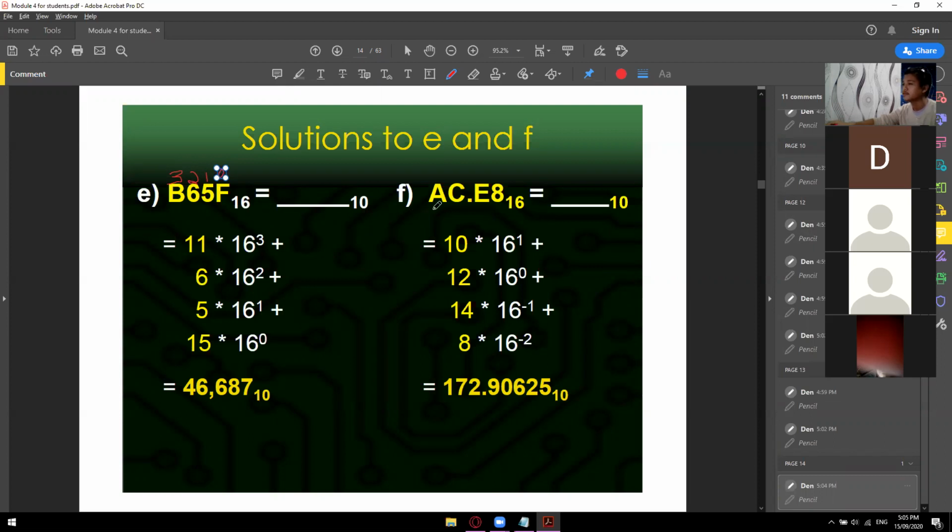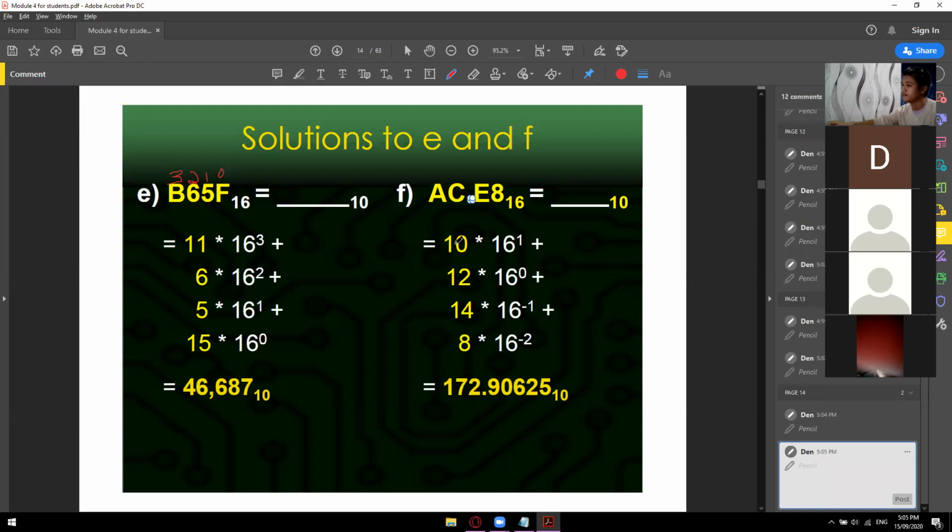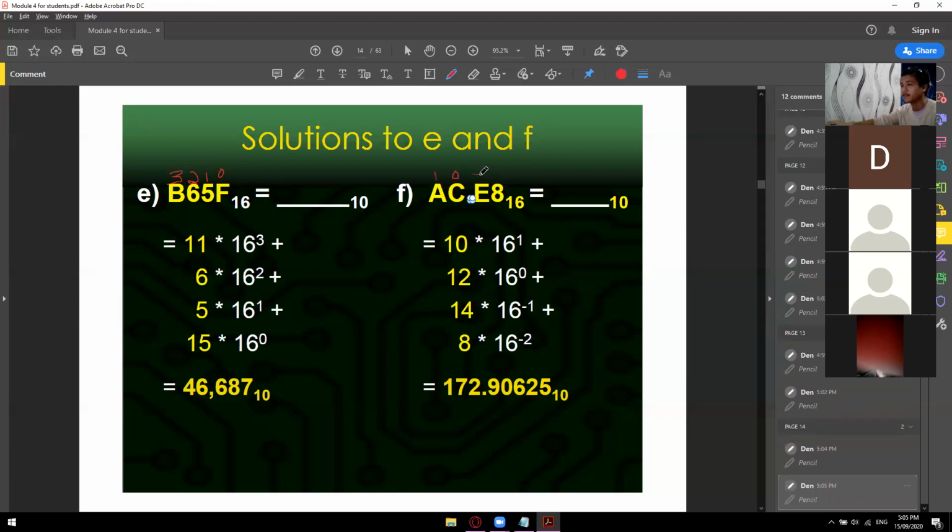Okay, so dito rin, ganoon din lang, meron lang tayong fraction. So letter A is 10, letter C is 12, and then letter E is 14, and then 8, same pa rin. Okay, so from the decimal, of course, 0 to, and then 1, and then negative 1, then negative 2. Okay, so we have 1, 0, negative 1, negative 2.